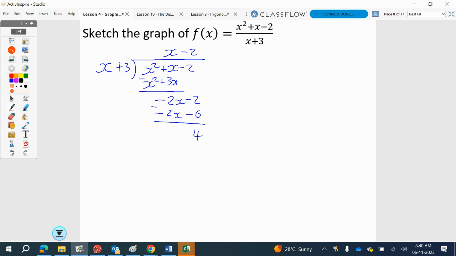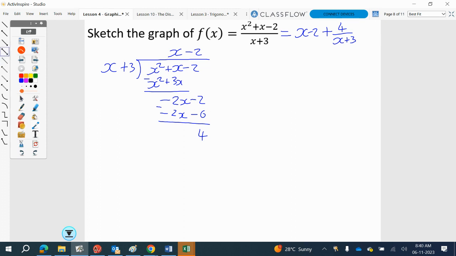So this function can be rewritten as what? x minus 2 plus 4 over x plus 3. The function looks like this, doesn't it? So now we can sketch it.